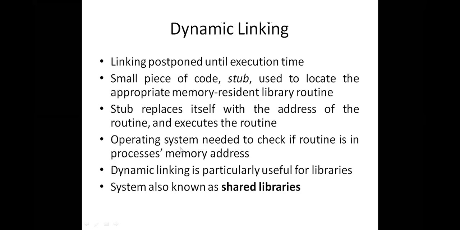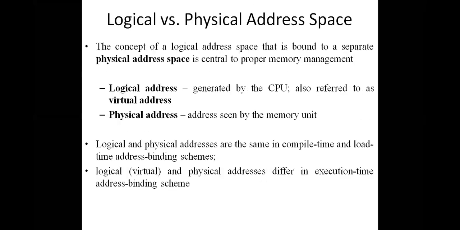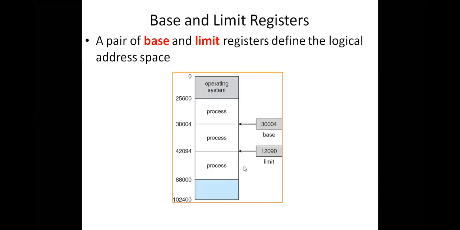The operating system needs to check if the routine is in the process memory address, and for every process there is some memory location, right? I already told you, 30004 to 42094. This is the process address space. So whatever we want to execute needs to be in the allocated memory slot only. It should not violate that.